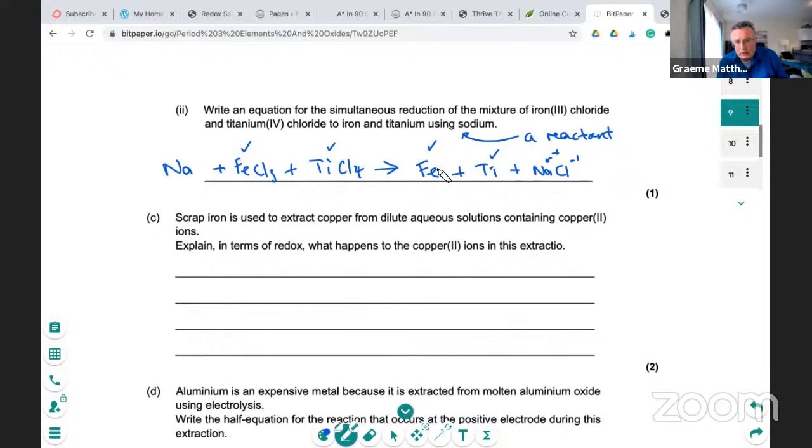Right, so let's see, iron, titanium. On this side, I got 4, 5, 6, 7 chlorines. So I need to put a 7 in front of this one. 7 sodiums. Let me check. Did we get this balanced? Yes, we did. Good. All right. Now, so far, right? So good so far, right? Yeah, coming in. All right.